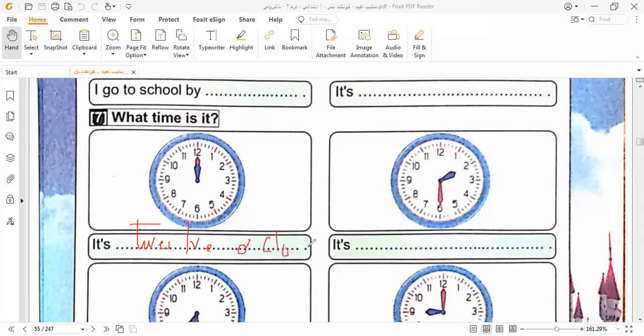Written like this, okay? Do it as I told you. It's what? It's 2 what? It's 2:30.